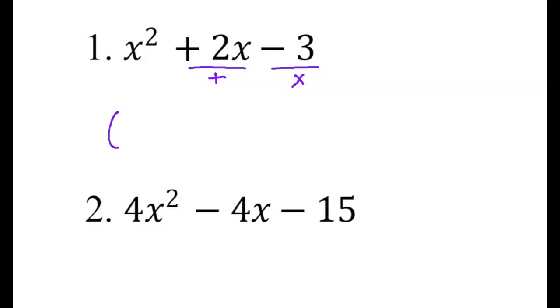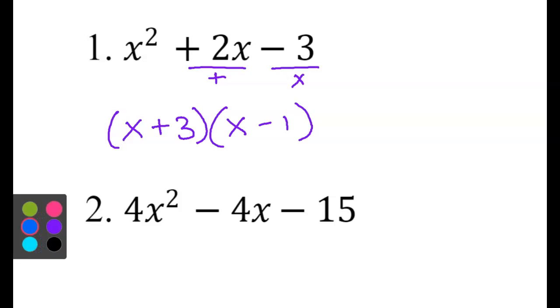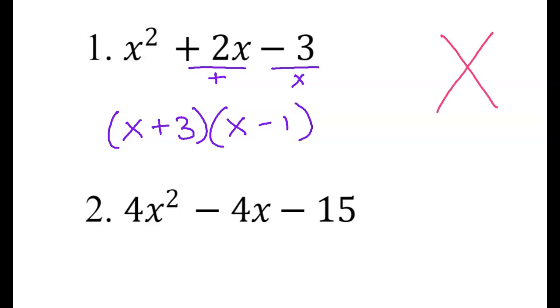Those are our factors, 3 and negative 1. And I'm done. This is just thinking about it, okay? We're actually doing what we've taught in previous years, this a times b: what two numbers multiply to give you negative 3 but add to give you 2, and these are your factors. We're doing all that, but we're not writing out the method.